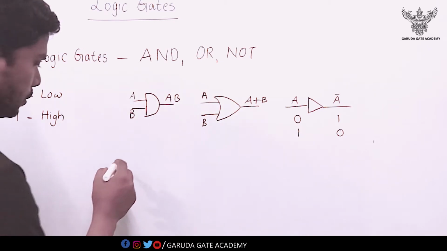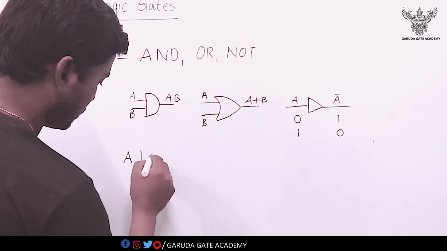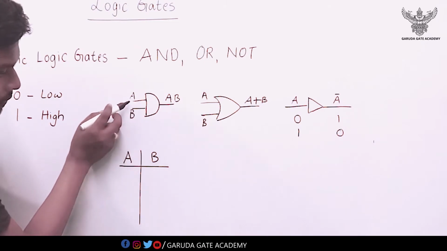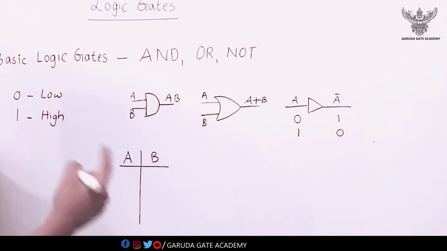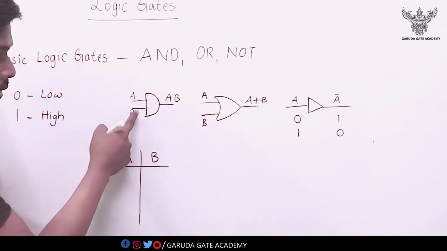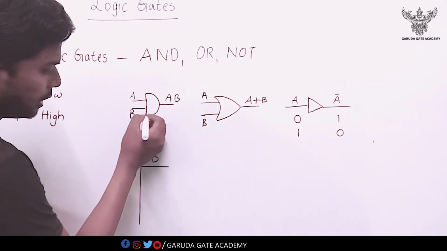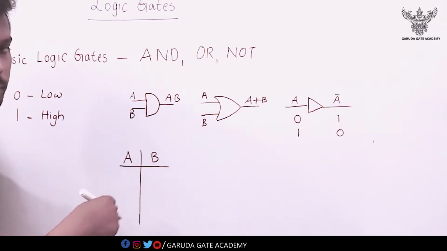Okay, so we have two inputs. Remember, this is a signal which can be either 0 or 1, and this is another signal which can be either 0 or 1. Here we have taken a two input AND gate, but it can be 3 input or 4 input or n input.